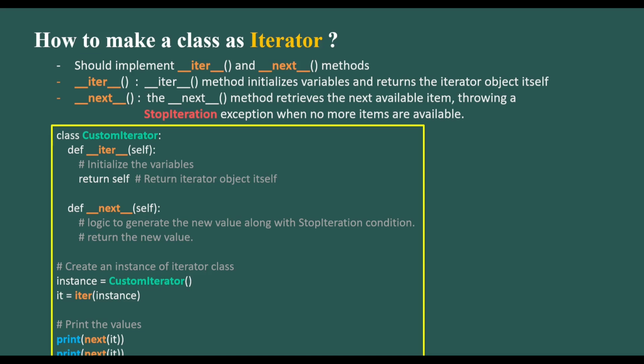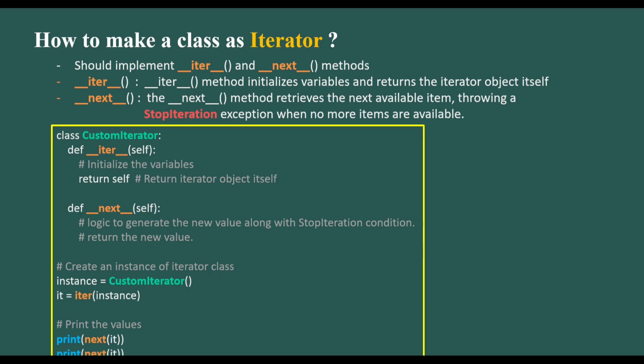Then we have to create this custom iterator object or instance, and then from that we have to create an iterator object it, and then using the next method we can print the values.